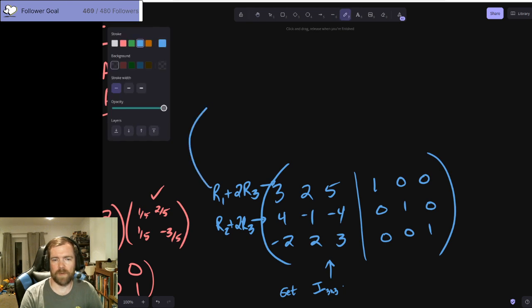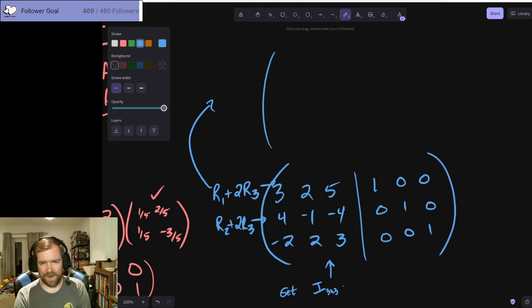This is terrible, I'm sure. Alright, row 1 plus 2 of the bottom row is going to be 1. Plus 2 of the bottom row is going to get us 6. Plus 2 of the bottom row is going to get us 11. Augmented with 1 plus 2 of the bottom row, 0 plus 2 of the bottom row, and 2 there.